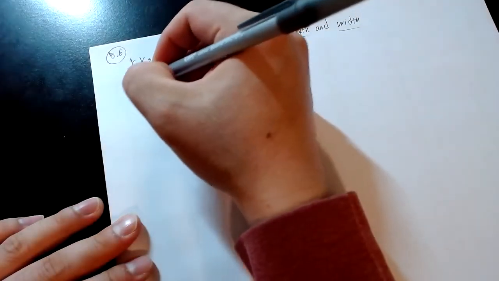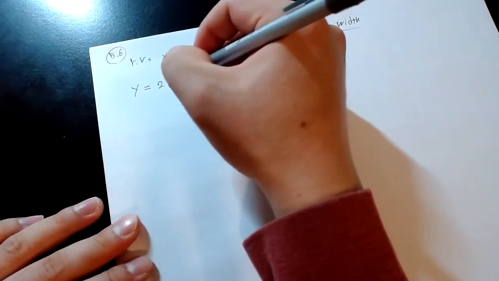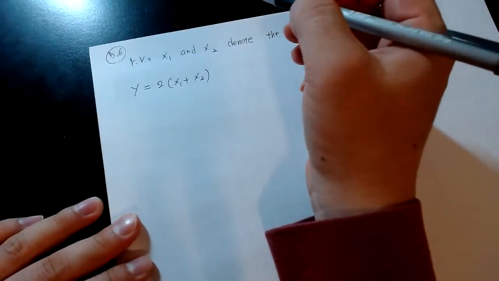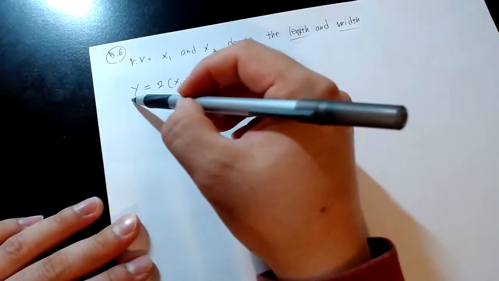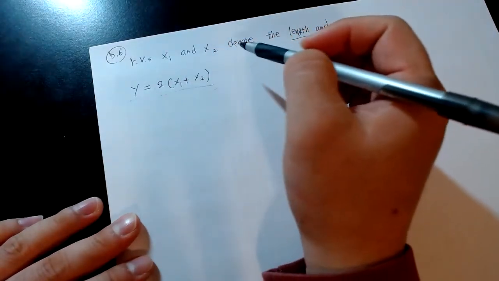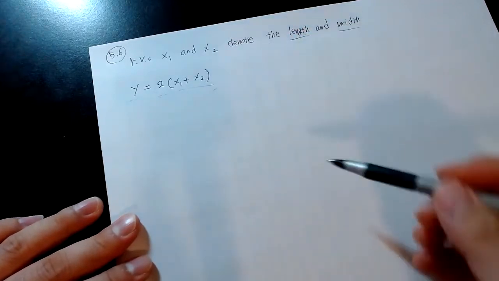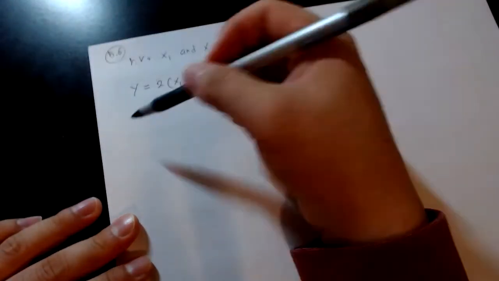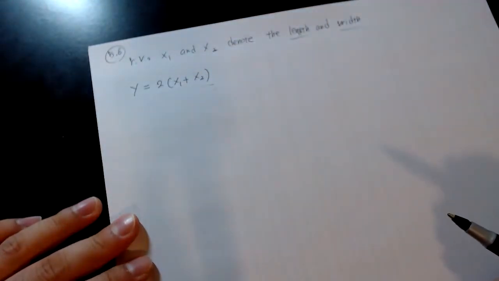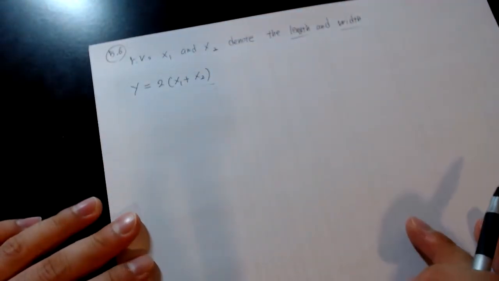Now we define a new random variable Y equal to 2 times X1 plus 2 times X2. Once we define Y as this linear combination of X1 and X2, Y is also a random variable that represents a parameter of the part.